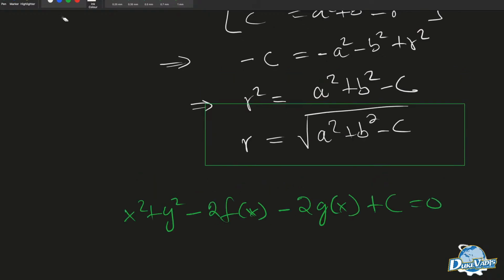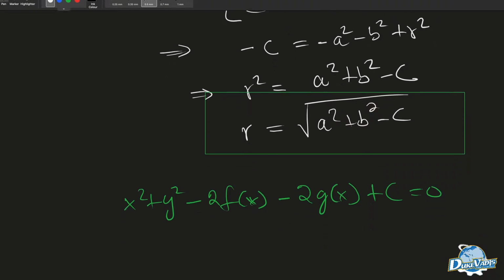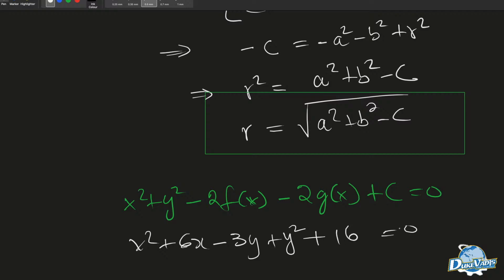Okay, so say I have a question that I'm supposed to solve like this one: x squared plus 6x minus 3y plus y squared plus 16 is equal to 0. And I've been asked to solve this question.